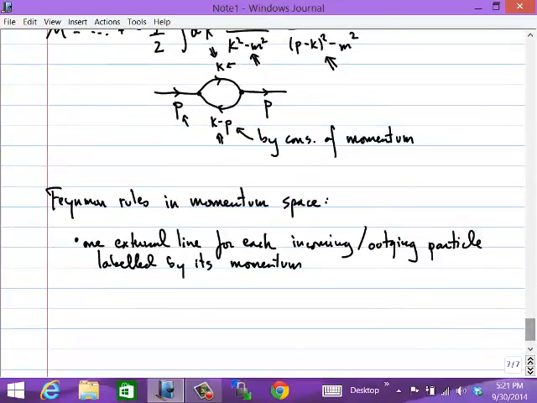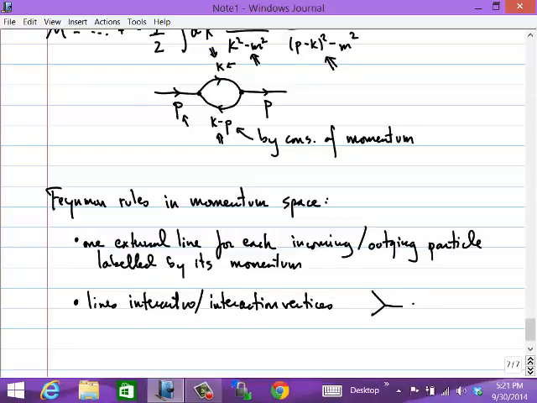and then you allow lines to interact with interaction vertices which, for example, in the phi cubed theory, take the exact same form as we had in position space.